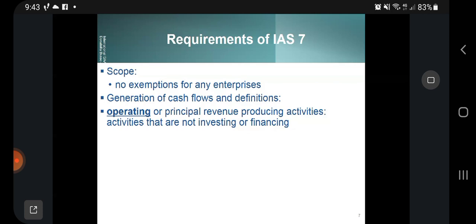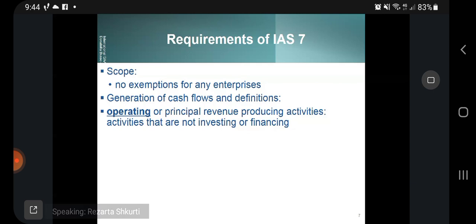What is it that produces revenues for manufacturing companies? Obviously, buying raw materials, manufacturing, selling finished goods. For banks, what is principally bringing revenue? Collecting deposits, offering loans, okay?